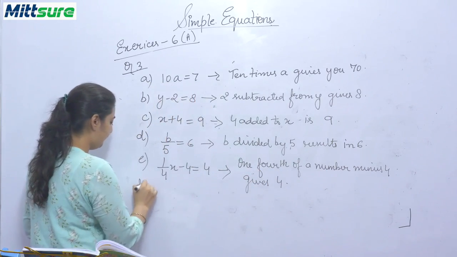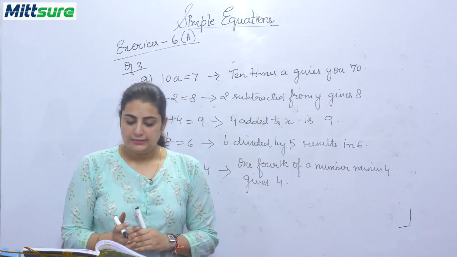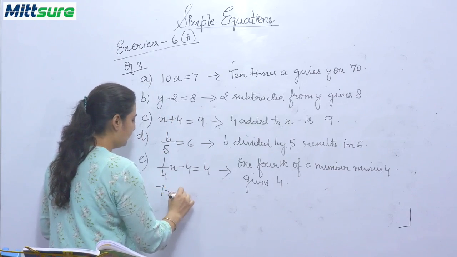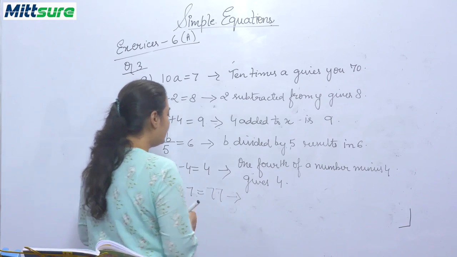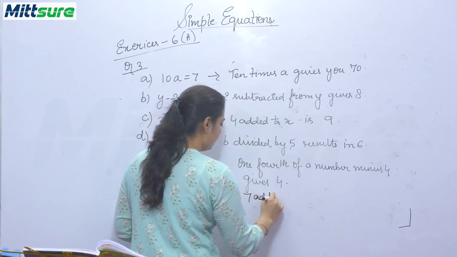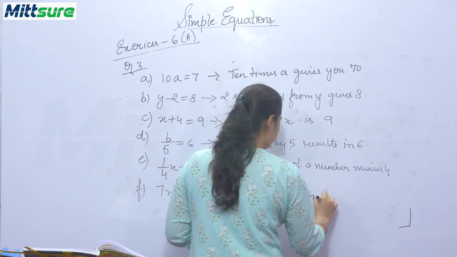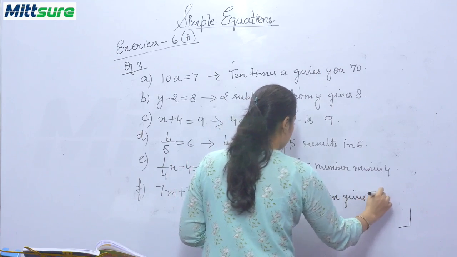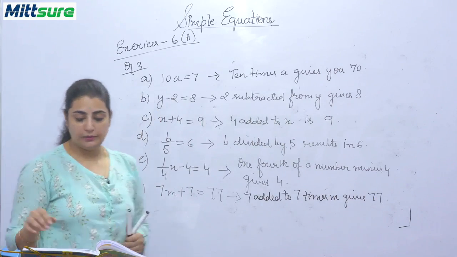Right? F. Now in F you have got 7m plus 7 equals 77. 7 added to 7 times m gives 77. So this will be the statement for this particular equation.